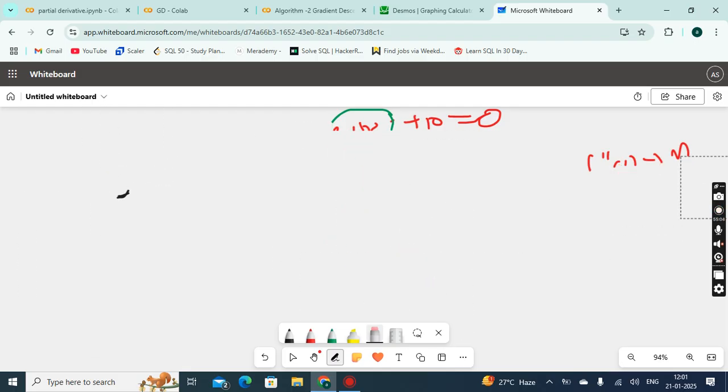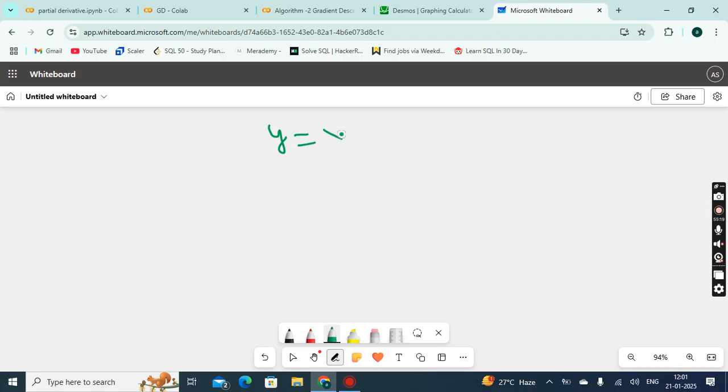So now let me quickly take all of this out. Now you can focus on how we calculate the gradient descent. I will say my function is y equals x square. Before moving to this, let me give you the goal also.